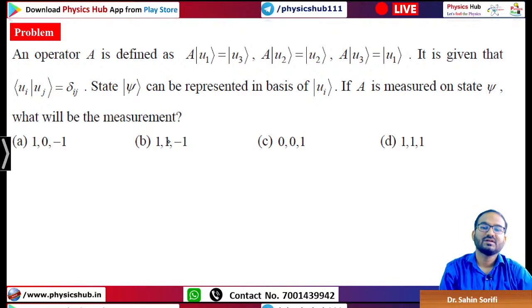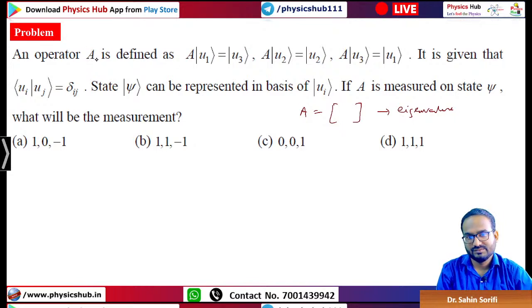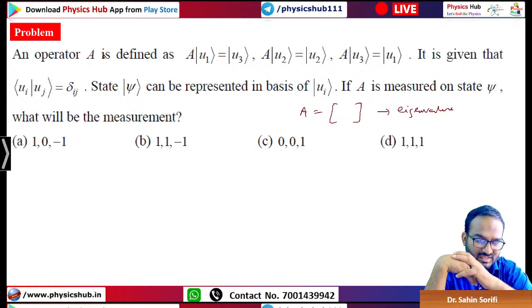It means A will be coming in matrix form, and the measurement will be its eigenvalue. So indirectly it is asking you to represent this operator A in matrix format and find the eigenvalue. So do it quickly. Tell me the answer quickly.